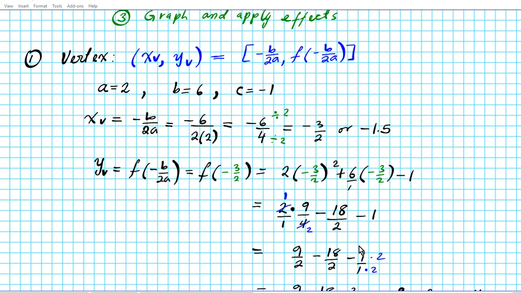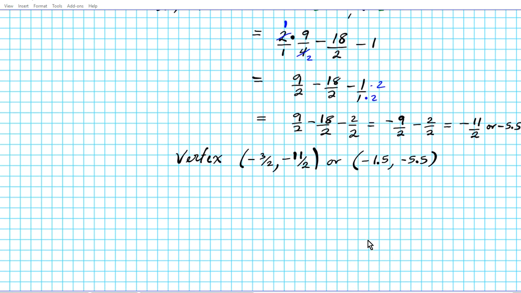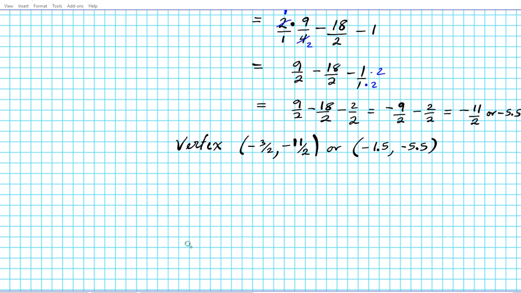Alright, so if we go back to our steps, step number 2 involves finding the y-intercept. So let's do that for part 2. We're going to find the y-intercept. The y-intercept is simply your c value. Whatever the c value is when you have your quadratic in general form, that's your y-intercept.